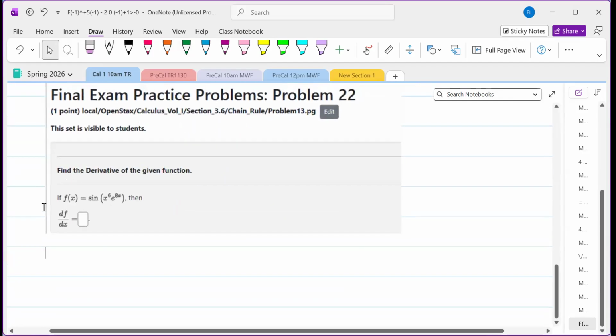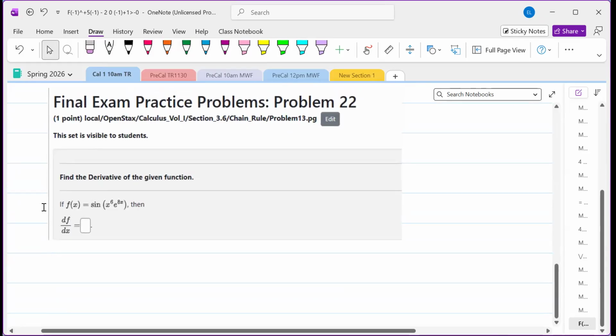All right, here's a ridiculous one. So I have f of x is the sine of x to the 6 times e to the 8x. So I have a chain rule that is then going to have a product rule that is then going to have another chain rule.